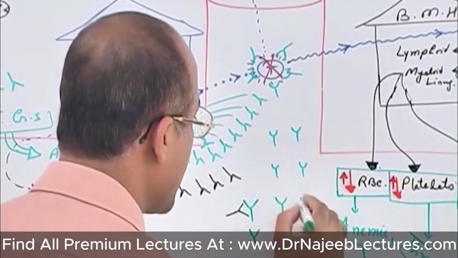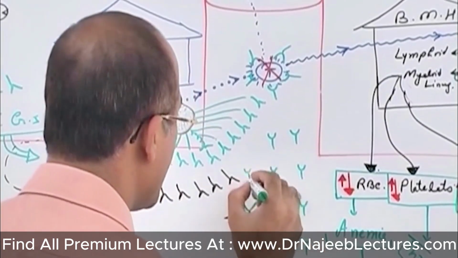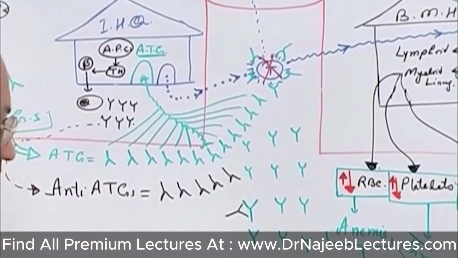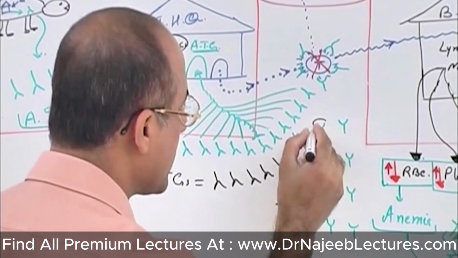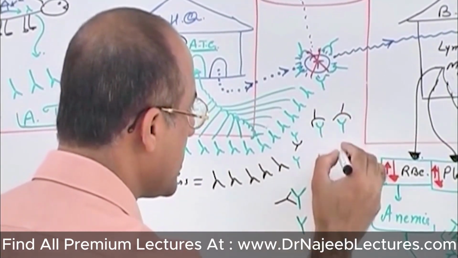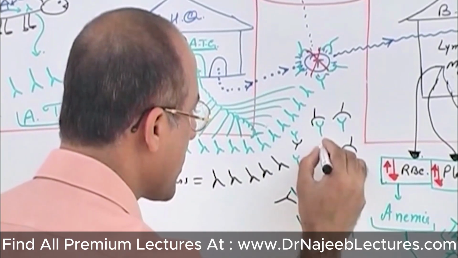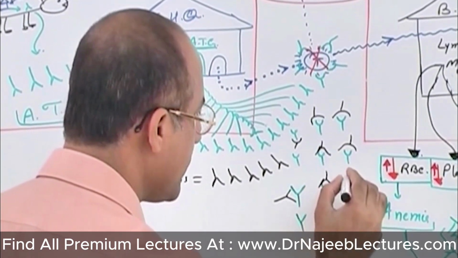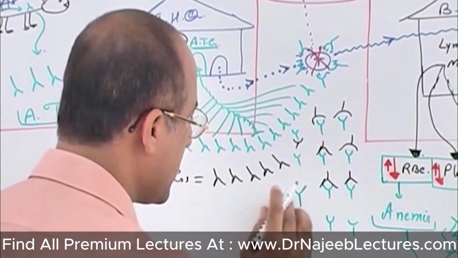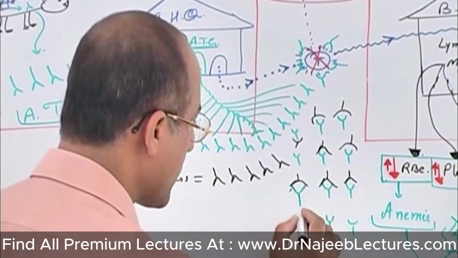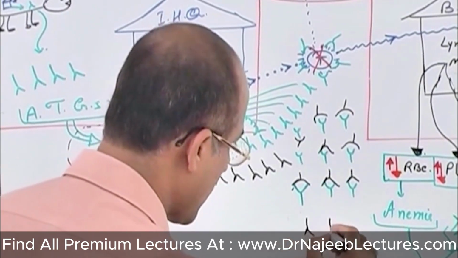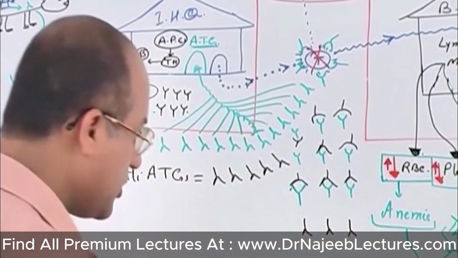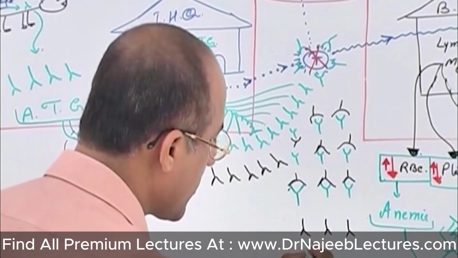Now these immune complexes will be formed within the circulatory system as ATGs react with the horse antibodies. Now these immune complexes are there.